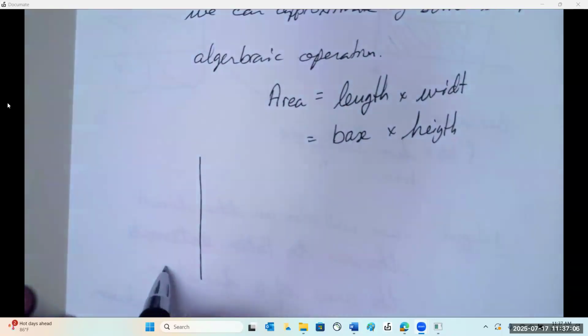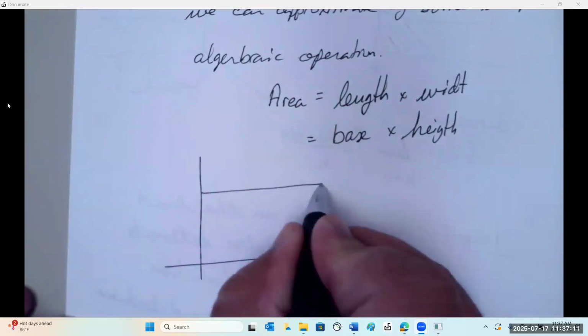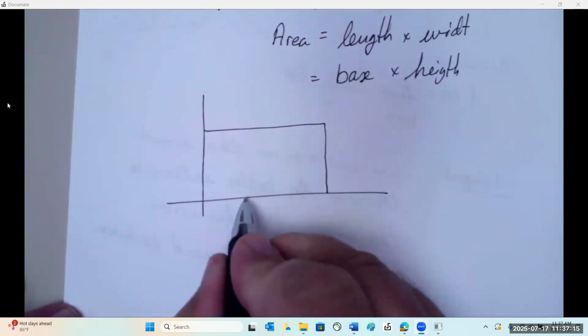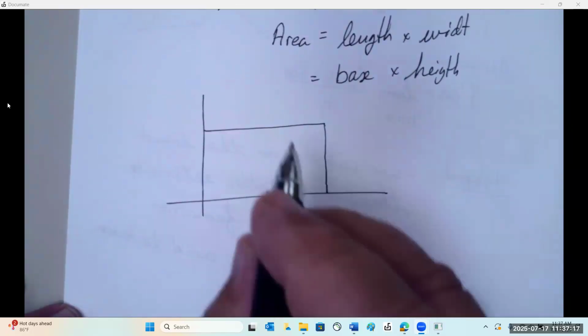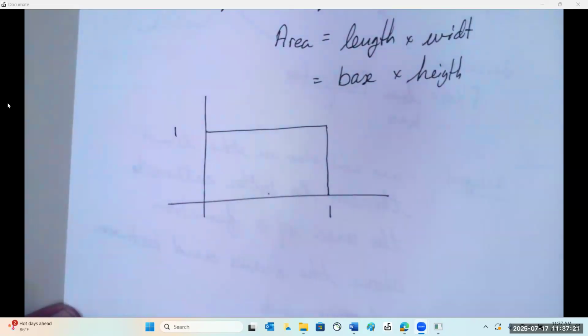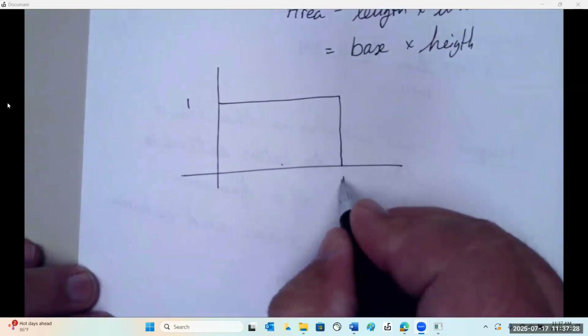So let's look at the first one, an example. We have a rectangle. Let's make it 2.